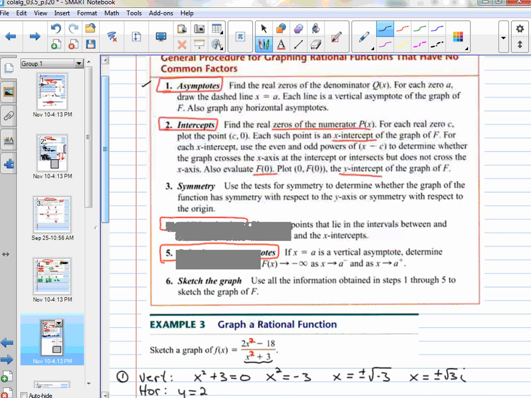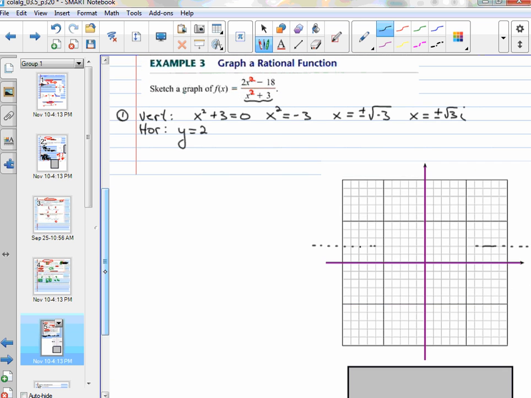I'm going to work on step 2 now, figuring out where my intercepts are. If I want my x-intercept, that means where does the numerator equal 0? Because 0 divided by anything is 0. Where the function equals 0 is on the x-axis, the x-intercepts.